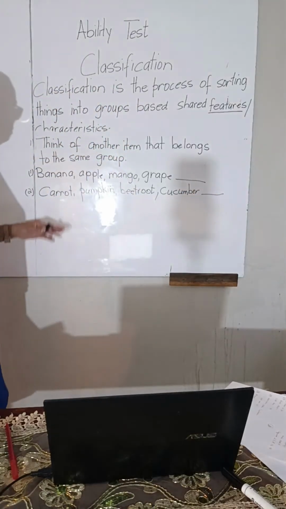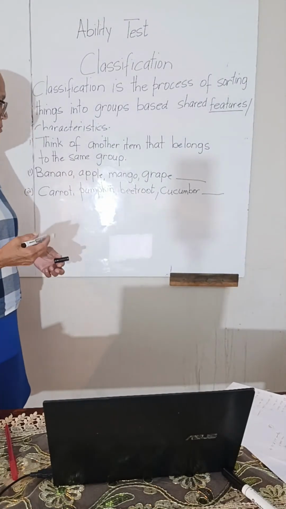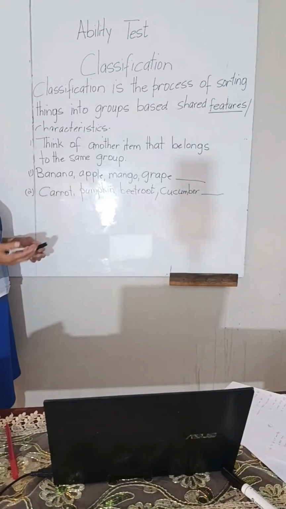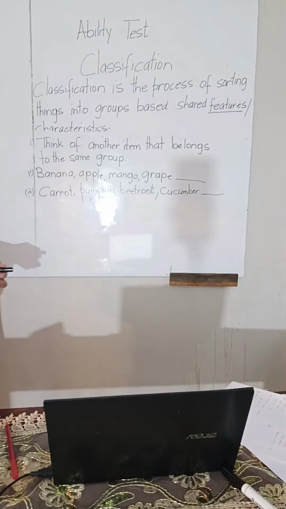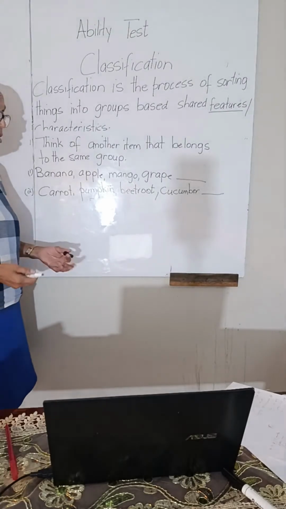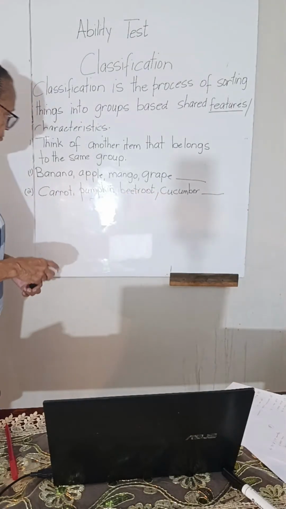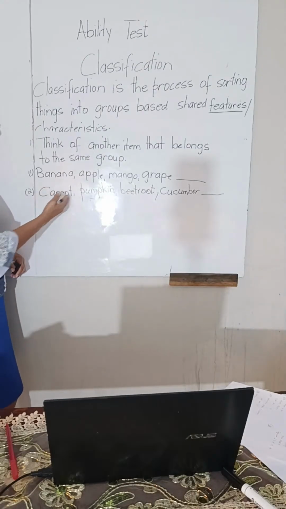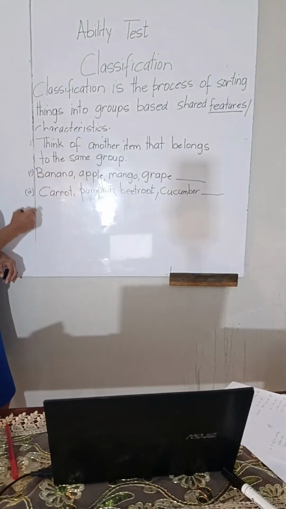Think of another. All of these are considered vegetables. In most cases they are considered vegetables, although sometimes people think about pumpkin differently. So can you think of another vegetable that you could put there? You could have turnip, or think of another one.